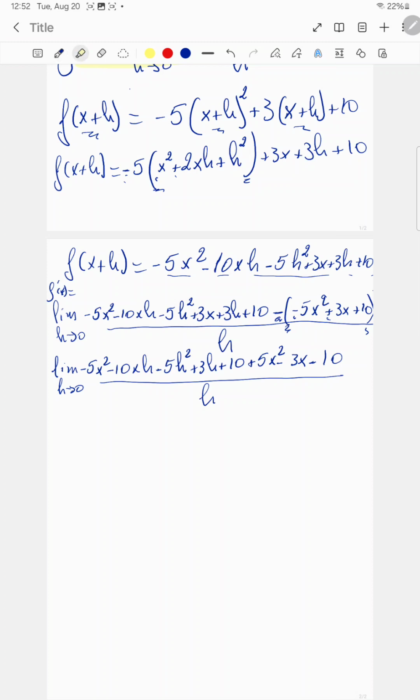And here I realize I have minus 5x squared plus 5x squared, which is 0.